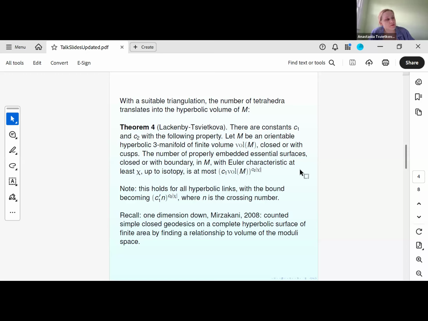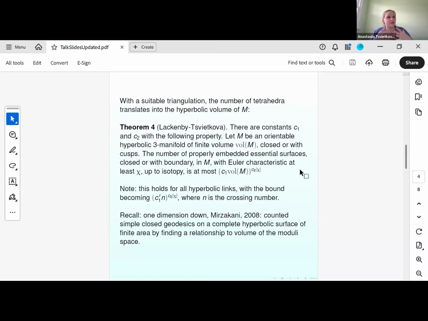And the way she counted them is that she found a relationship to the volume of the moduli space of that surface. So in a way, you had a count in terms of volume. Of course, it's a different volume, something related to the Weil-Petersson metric, but here you get just the straightforward hyperbolic volume of that three-manifold.